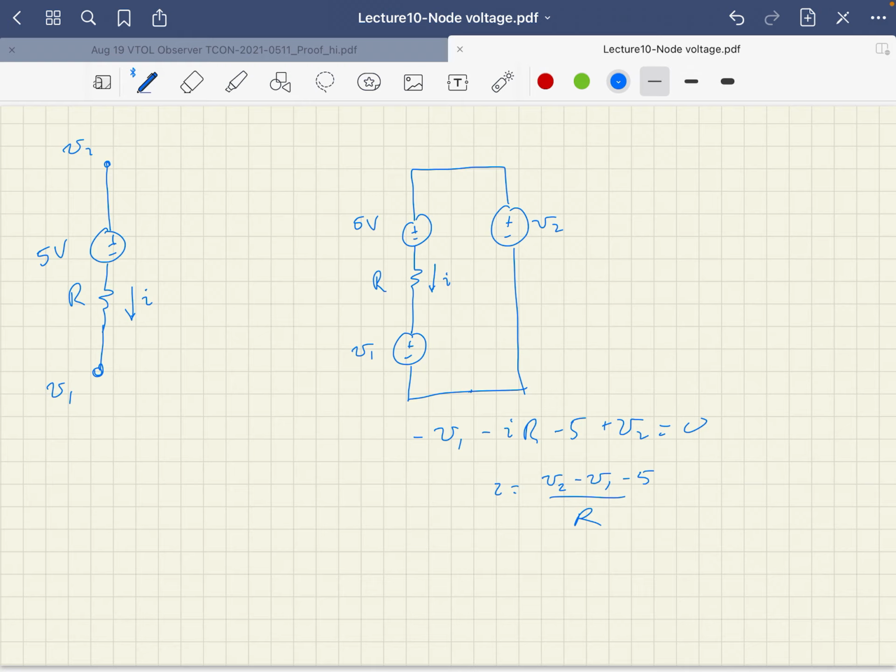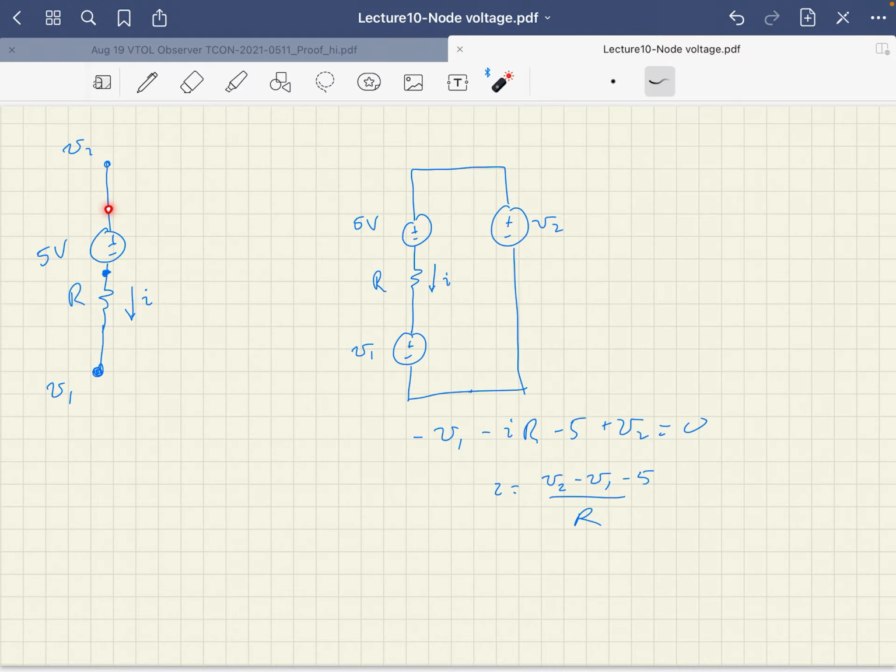Let's see, did I do that right? Okay, so then over here, again, we're going to say, what is this? We want to find out what this voltage is, because I is going to be this voltage minus that voltage divided by R. So this voltage, again, we know that this guy has to be 5 volts bigger than this.